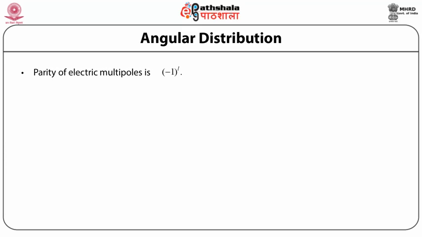Parity of electric multipoles is (−1)^L. Similarly, parity of magnetic multipoles is (−1)^(L+1).